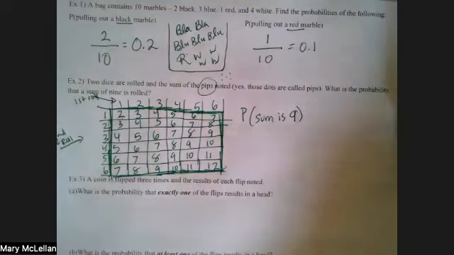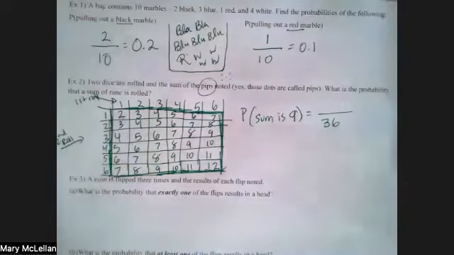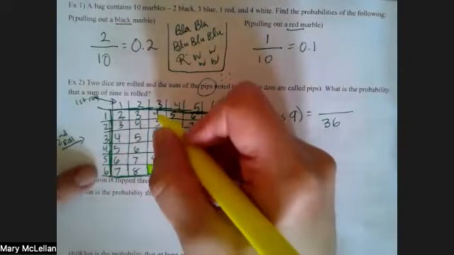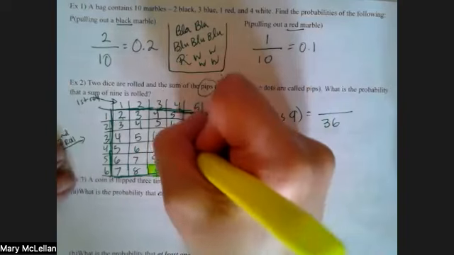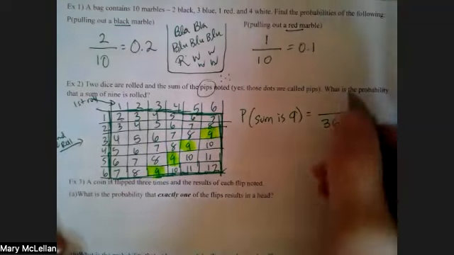Well, the sample space is 36, so my denominator is going to be 36. And how many ways could I get 9? If I rolled a 6 and then a 3, a 6 and then a 4, a 5 and then a 4, or a 4 and then a 5, all of those would result in rolling a 9, and there are 4 ways that could happen.